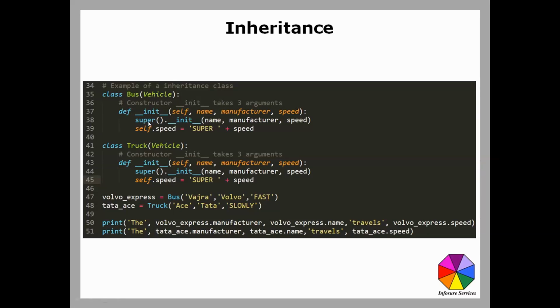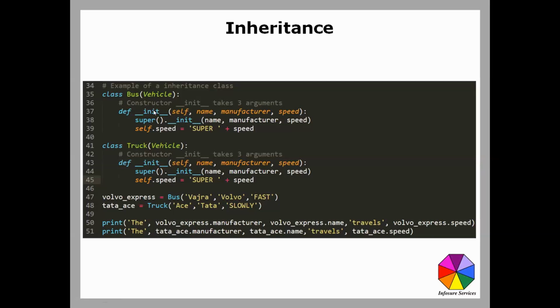The first line of code inside the child class constructor is super. Okay, this is a function here, super dot init. So when you say super dot init, you are initializing all the properties and methods of the parent class inside the child class.